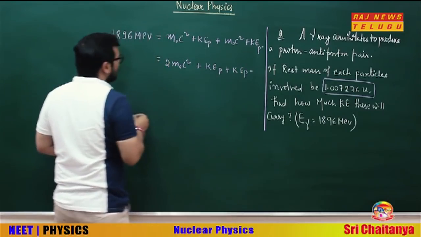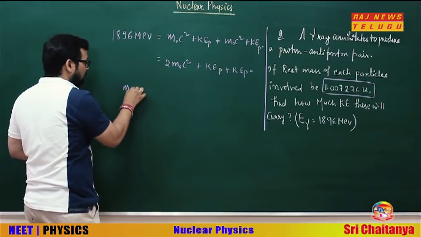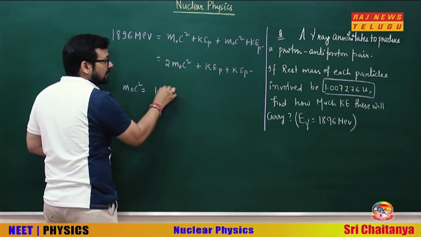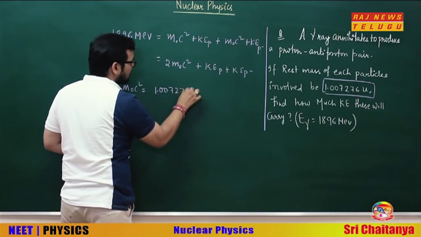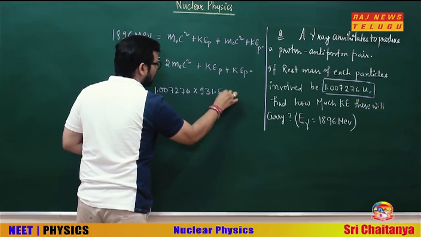Okay. What is m naught c square? In the question, m naught is given: 1.007276 into 931.5 mega electron volt.